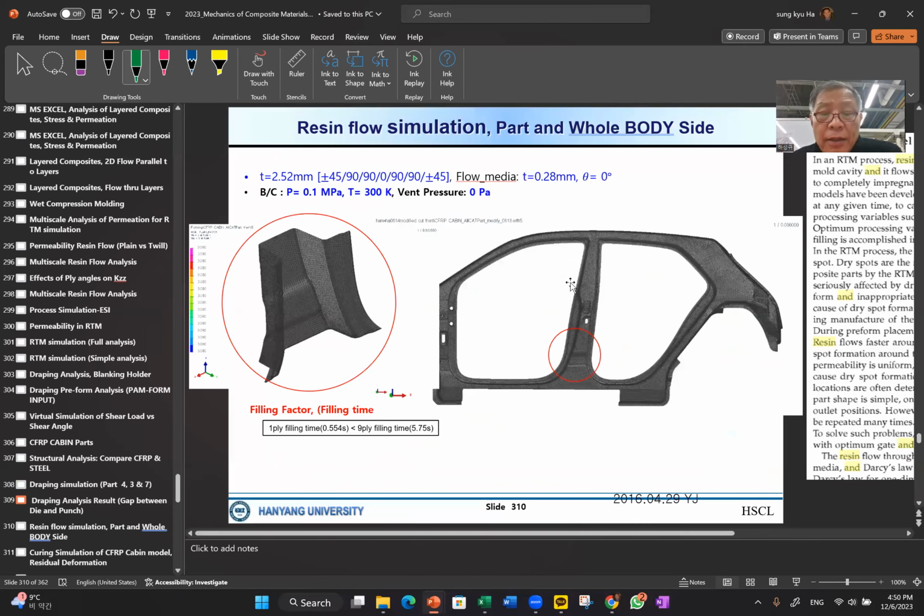And then here is the inlet and outlet. You can see how the resin will flow, and through this simulation we can understand where the resin should come in or where the resin should go out. So we can design the resin inlet and resin outlet.